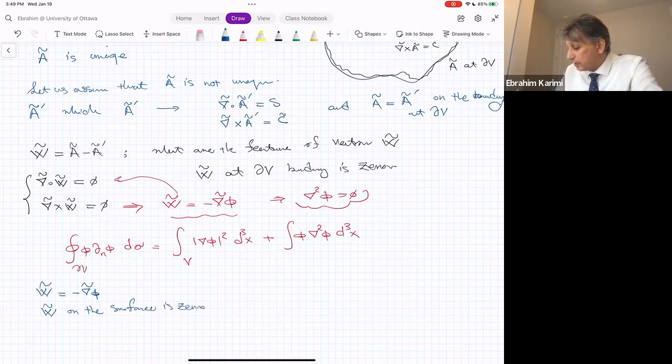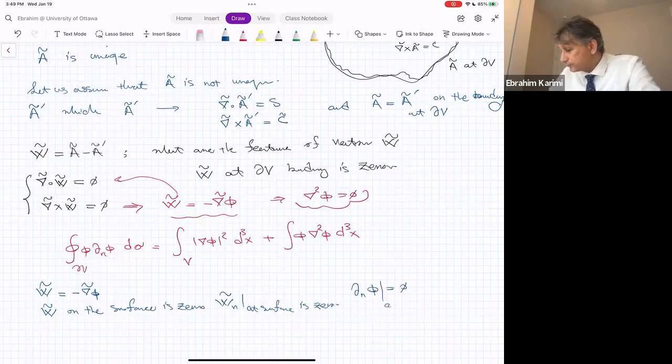So what does it mean that also Wn at the surface is 0, which means that derivative with respect to n of phi is 0 as well at the boundary. Do you agree? Laplacian of phi is equal to 0 as well. We just got that from here.